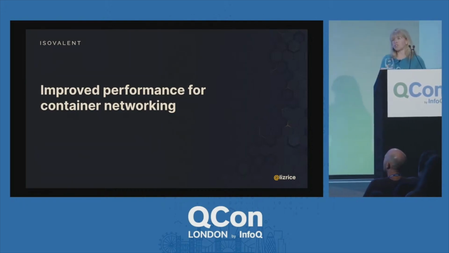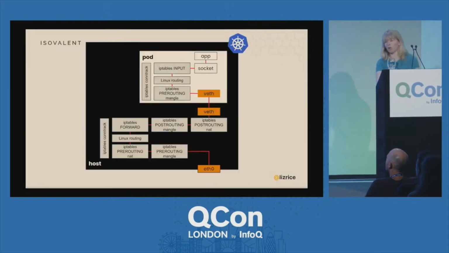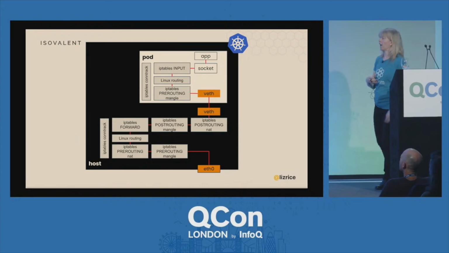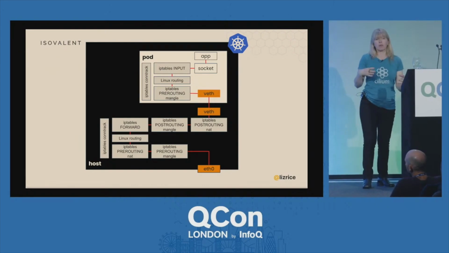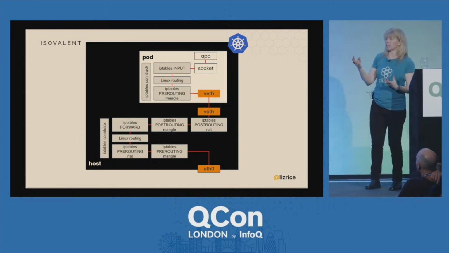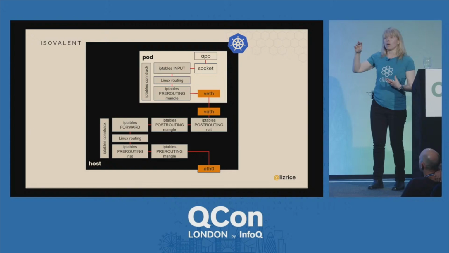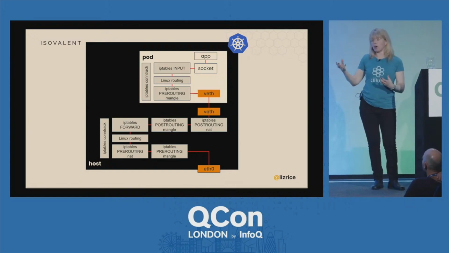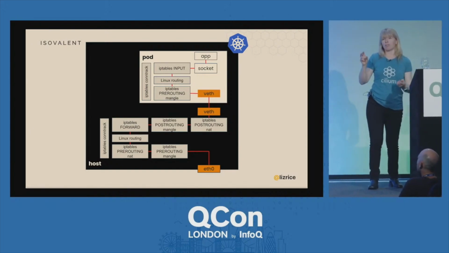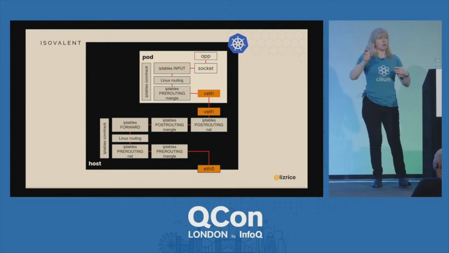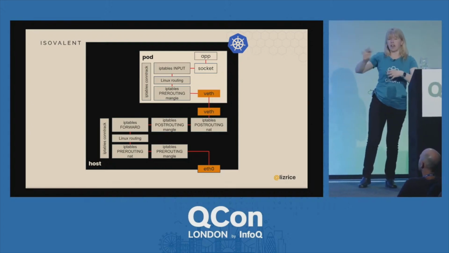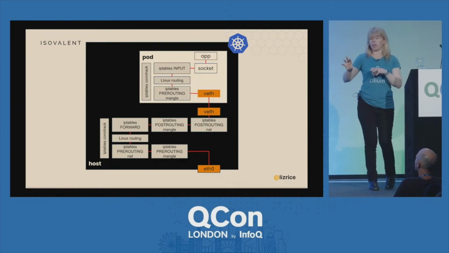eBPF also allows us to improve performance specifically in the container networking world because of the way that container networking works. In a container environment like Kubernetes, which I'll use as an example, we're running our applications in containers in pods. And we usually give our pods their own network namespace. Essentially, we're isolating the networking of the pod from the networking on the host machine.